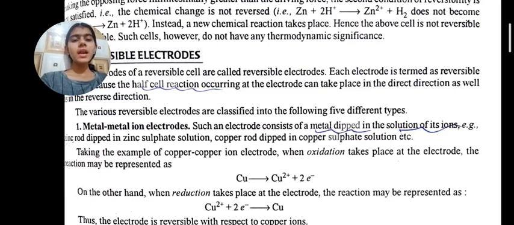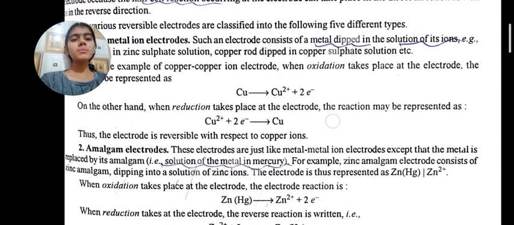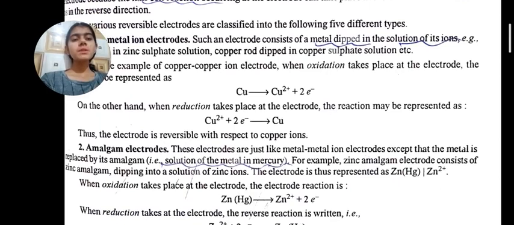On the other hand, when reduction takes place at the electrode, the reaction may be represented as Cu2+ plus 2 electrons goes to Cu atom. Thus, the electrode is reversible with respect to copper ions.